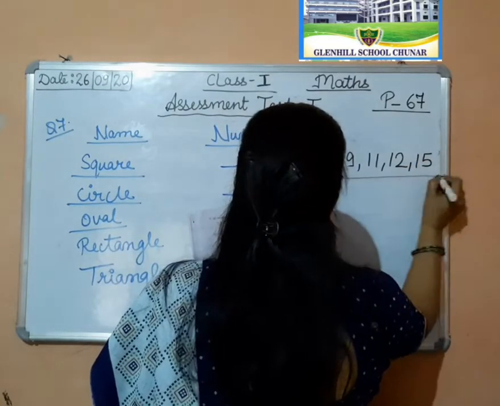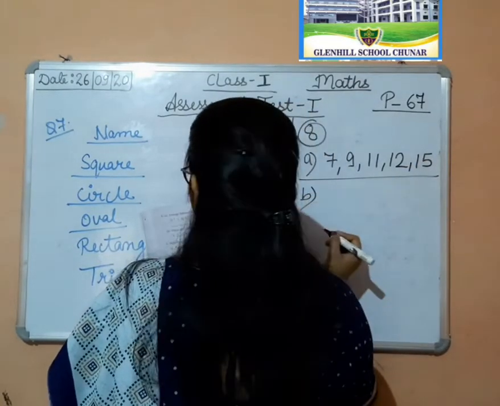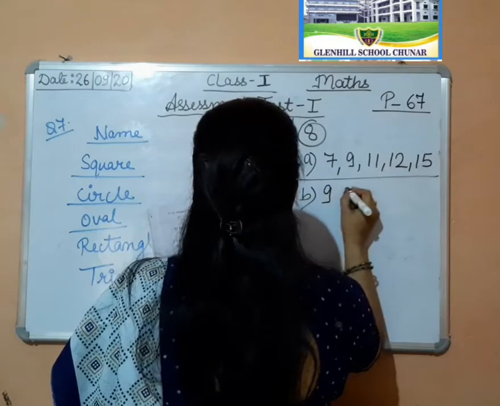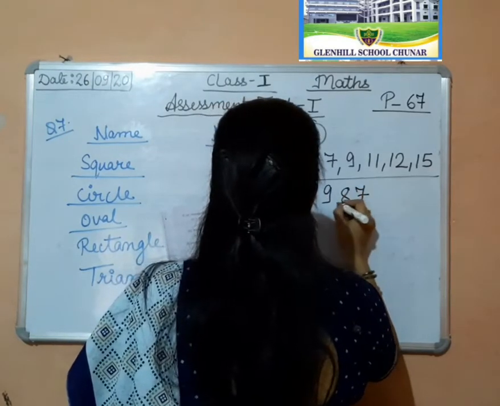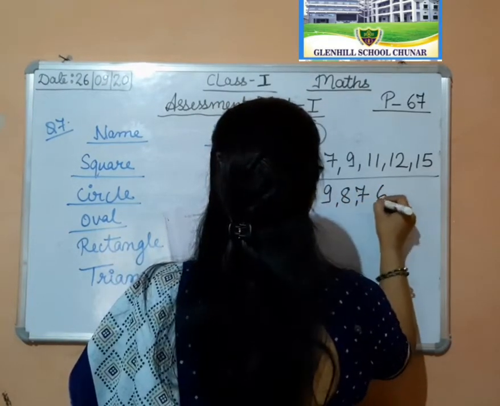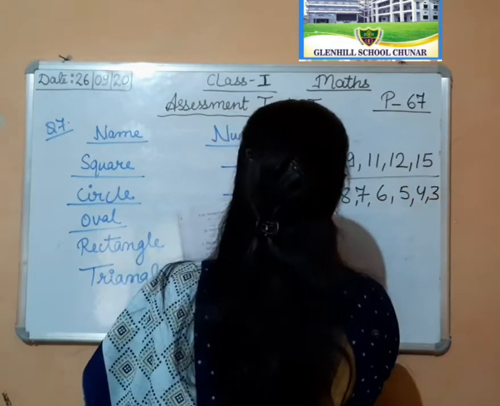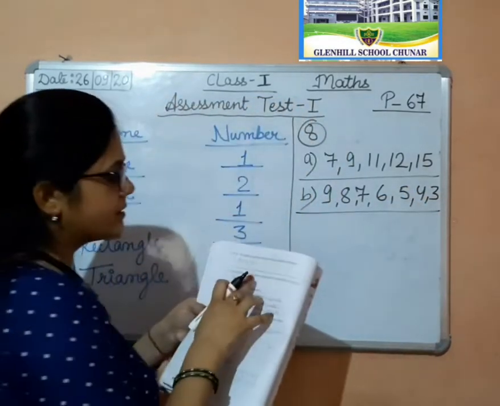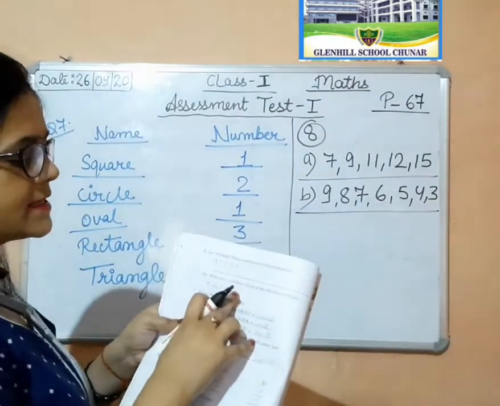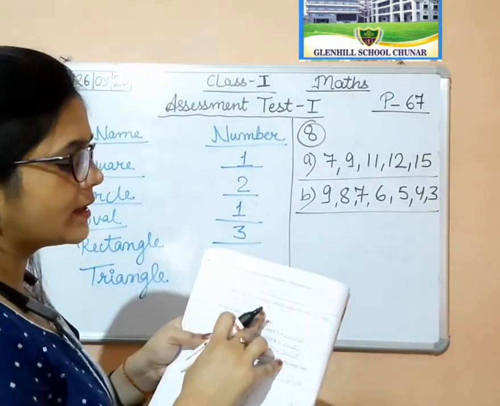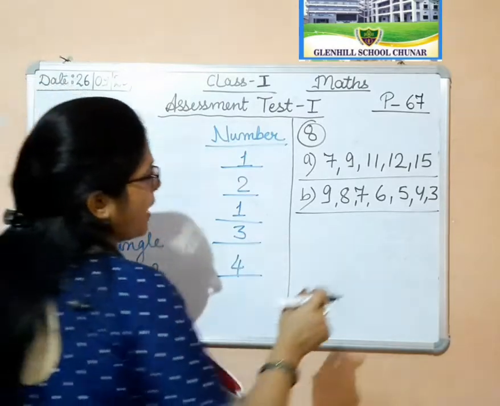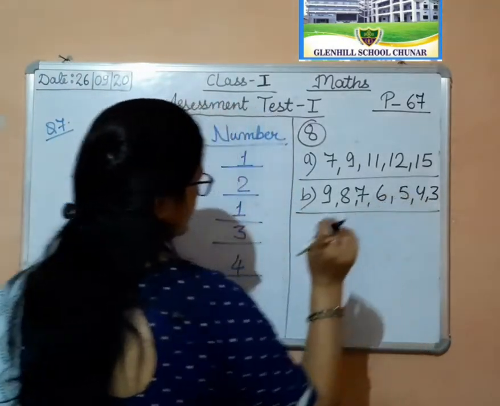Okay, that is the answer. B. 9, 8, 7, 6, 5, 4, then 3. Here 3 and 6 are written, and a gap is given, so 3 and 4 both you have to adjust here. Okay students.